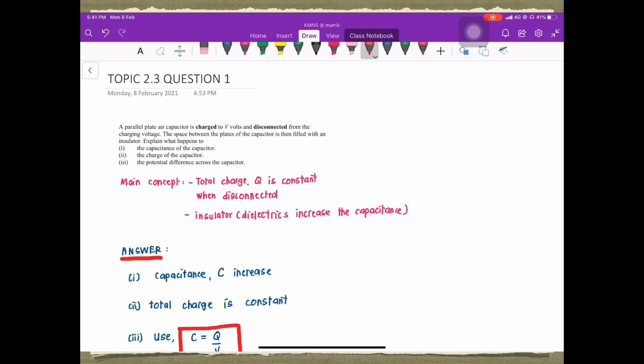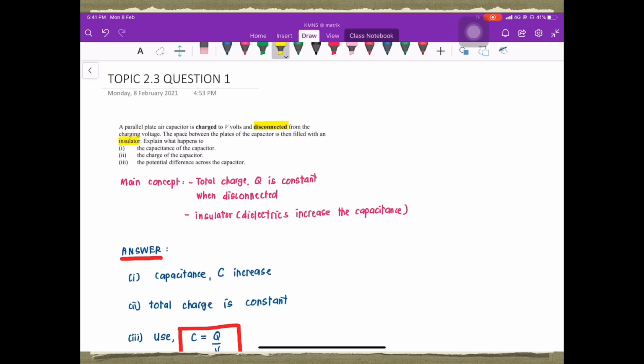A parallel plate air capacitor is charged to V volts and disconnected from the charging voltage. Then, the space between the plates of the capacitor is filled with an insulator.